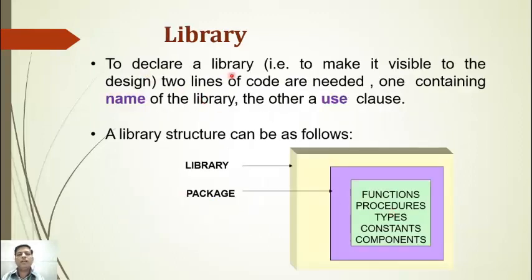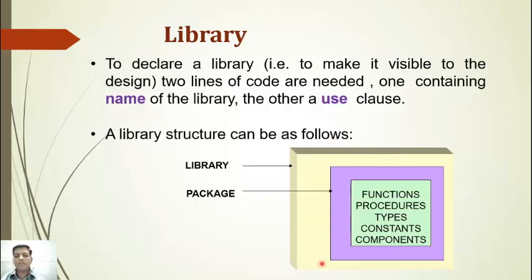To declare a library, that is to make it visible to the design, 2 lines of code are needed, one containing the name of the library, the other a use clause. The library structure can be shown as follows. Here we have drawn the diagram for library structure.